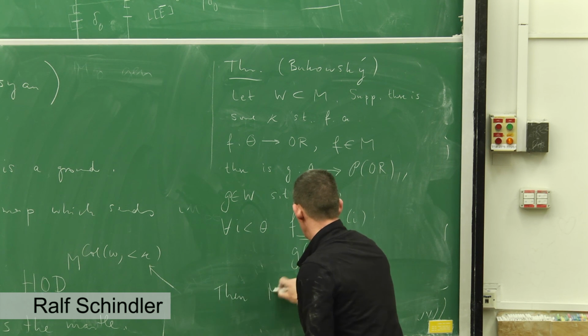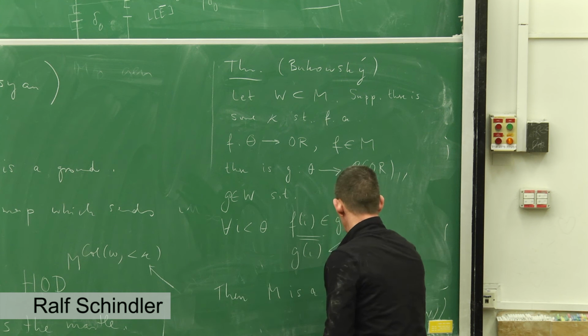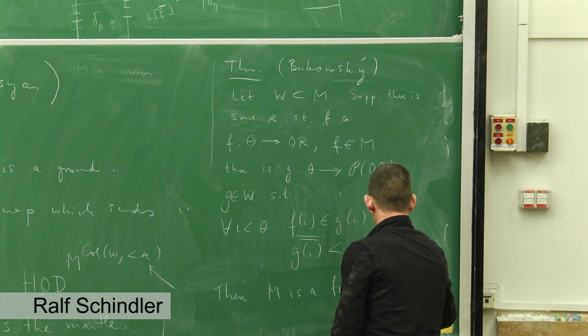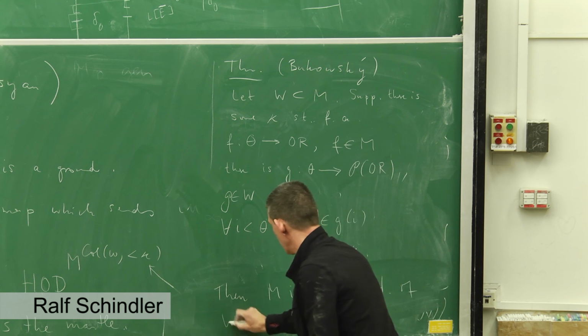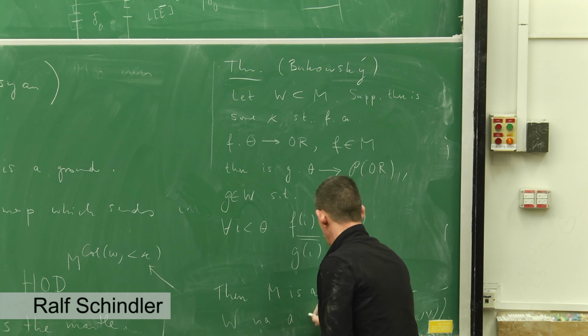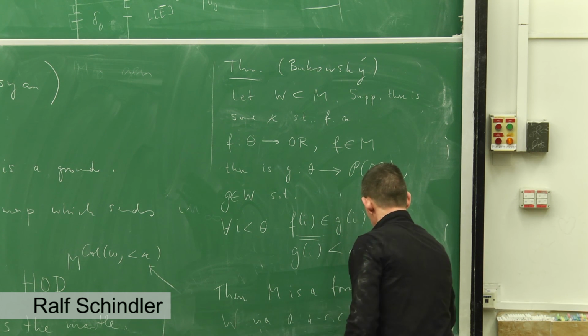Then M is a forcing extension of W via a kappa-c.c. forcing.